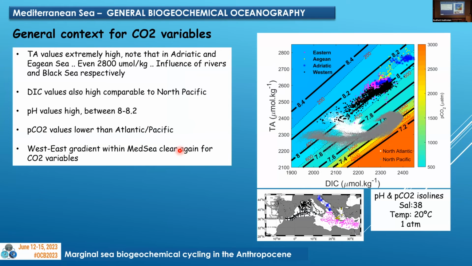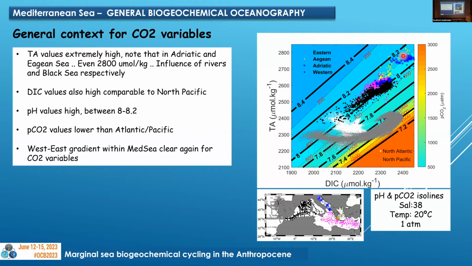With regard to the CO2 variables that are my favorite subject, you can see here a plot for alkalinity and DIC in gray Pacific waters, in white Atlantic waters, and in colors the different subbasins for the Mediterranean. And you see the very high alkalinity values for waters in the Aegean Sea and also in the Adriatic.